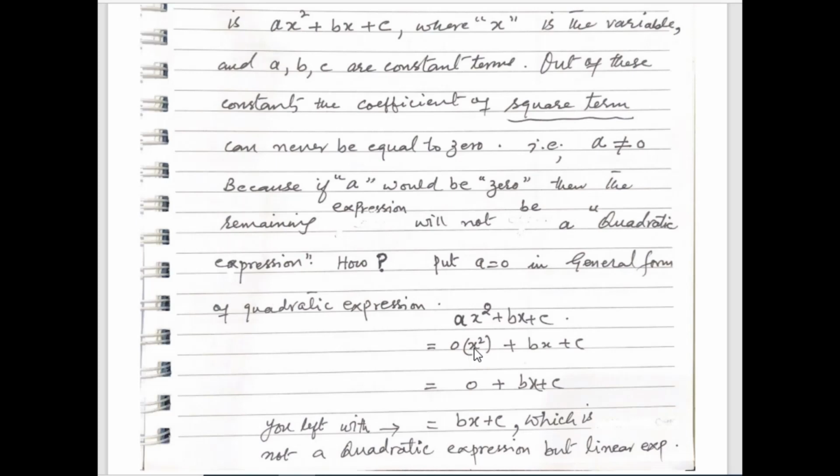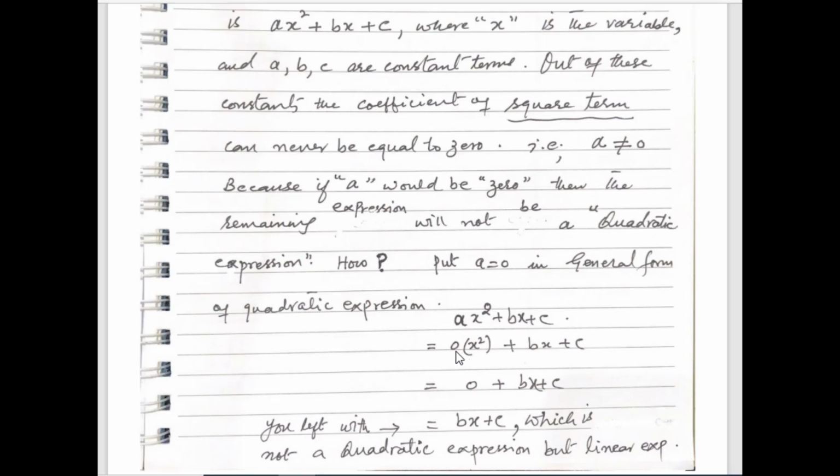You should note down this point because this is a very important point. Sometimes students write that x square multiplied by 0 is x square. I have watched this many times, so that is why I am bringing your attention towards this point. 0 multiplied by anything is equal to 0.